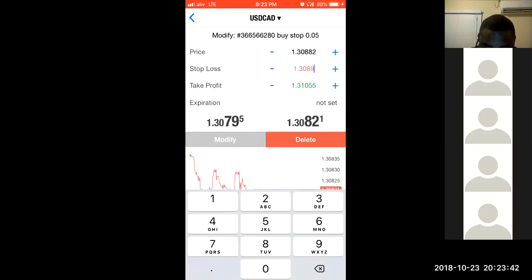Because it's higher than my entry point, so it won't allow me to do it. So if you're doing it wrong, if it isn't allowing you to do it, that means you're doing something wrong. The second I go under my entry point on a buy, I'm good. So if you can't modify it, you're doing something wrong.